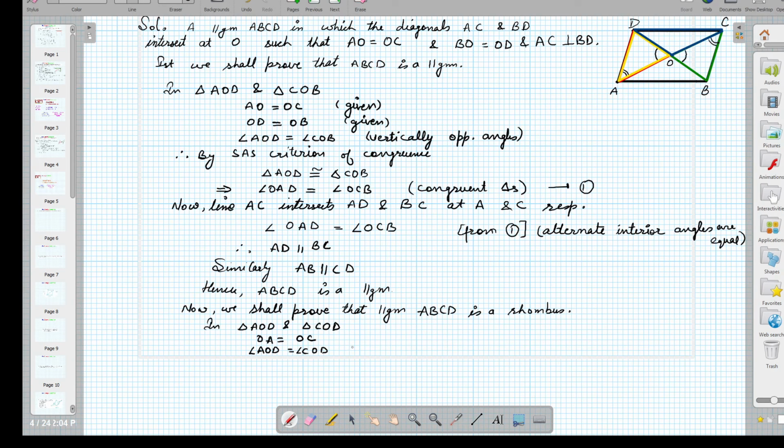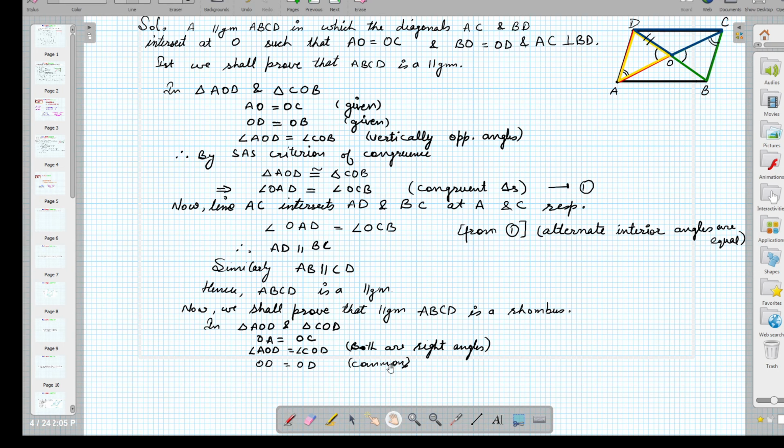So both are right angles. And OD is equal to OD because it is a common side for both.